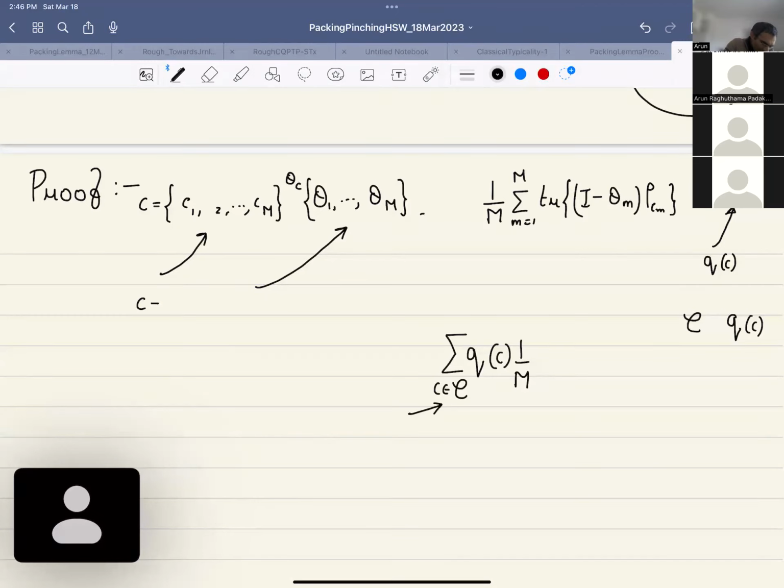C is the set of all collections, so I'll denote it as double C. It's a big collection of all subcollections. And suppose I average my error over this.